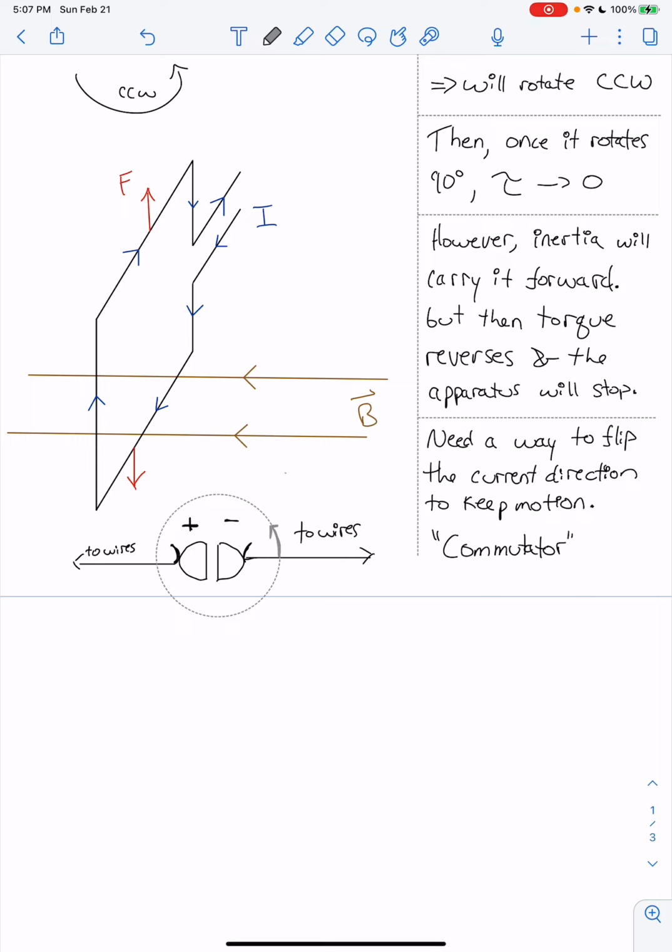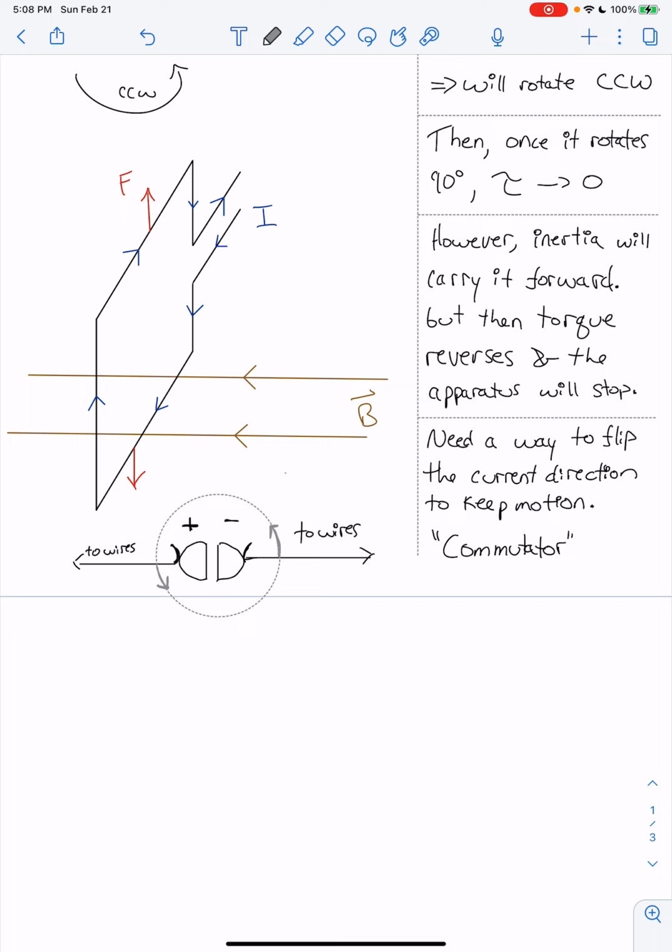Because of this rotation and this arrangement with a commutator, if we line up this gap just right, once these wires reach this point and are moving over here, and then reach this point, at that point the current is going to flip. Once that flips, it's able to have a torque again, and it will continue to move.